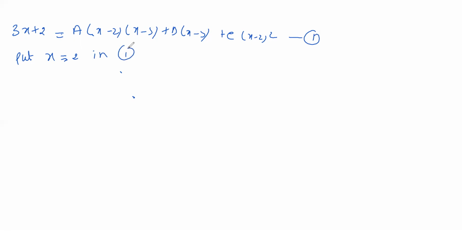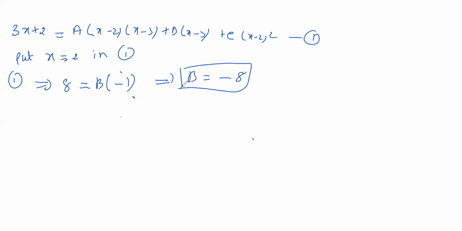So equation 1 becomes what? 3 twos are 6, 6 plus 2 is 8. 8 is equal to, by substituting x is equal to 2, the first term becomes 0, the second term is b into 2 minus 3, which is minus 1, and the third term becomes 0. So we have minus b is equal to 8, so b is equal to minus 8. So we got the value of b.